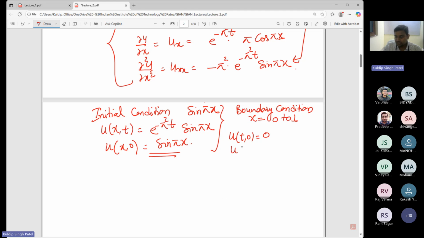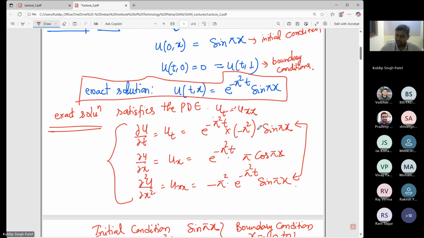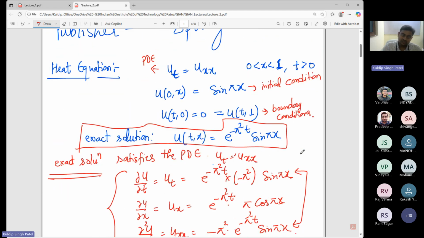And if you put x equals 1, sine pi is also 0. So it is satisfying the boundary conditions also. Everyone comfortable till here? So what I was trying to explain, for those who are not clear, maybe undergraduates, is that a solution means it satisfies the PDE, and we have checked it.